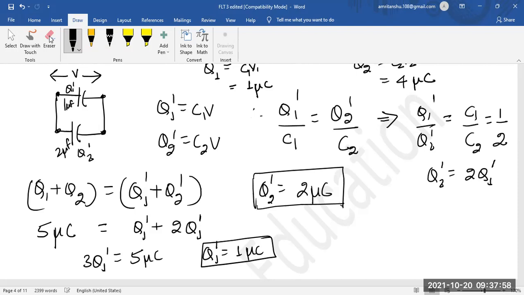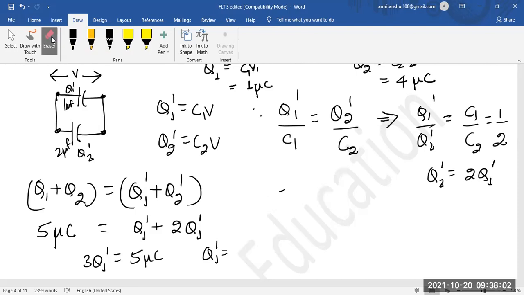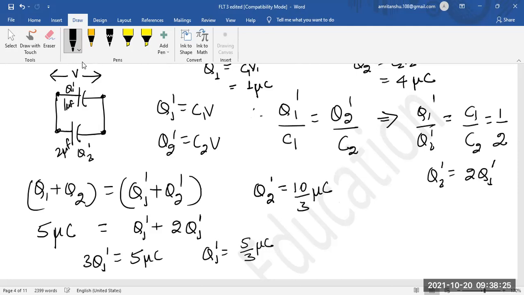From here we get Q1 dash as 5 by 3 microcoulombs and Q2 dash as twice of this, that is 10 by 3 microcoulombs. So we have to take care of this as well as this.